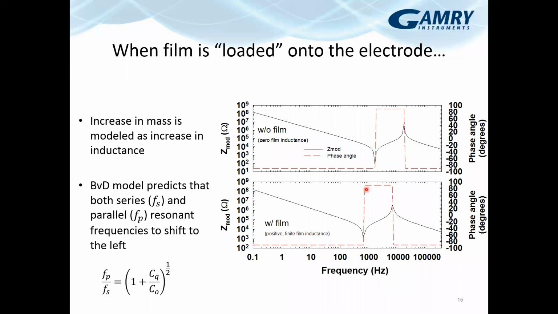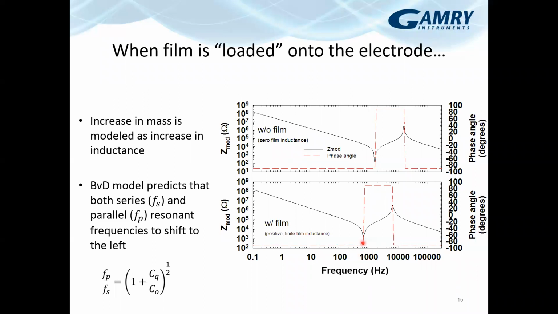You can see that prior to the film introduction, we have a series resonant frequency just above 1,000 hertz, and a parallel at around 10,000 hertz. Then when we introduce a positive finite film inductance, you'll see both shift to the left, and to the left means a lower frequency.